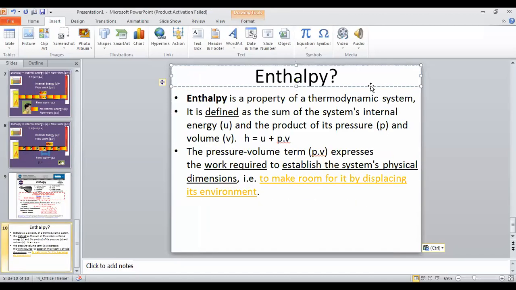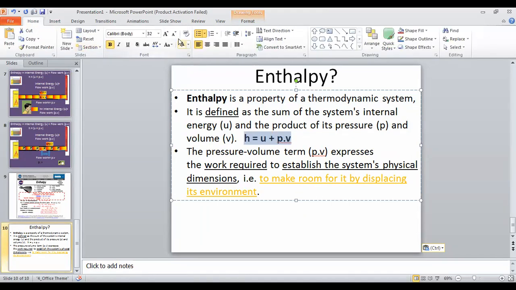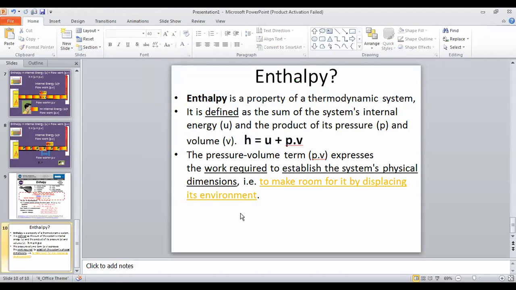Again, extracting from that, enthalpy is a property of a thermodynamic system. It is defined as the sum of the system's internal energy and the product of pressure and volume. That means H is U plus PV. That's how it is defined.